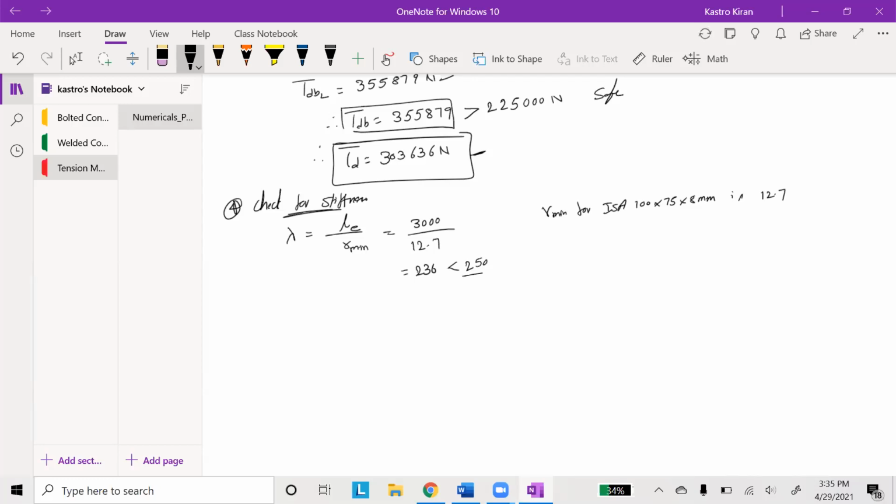This is the condition, right? Lambda value must be less than 250. Therefore, the angle section is safe. That's how you can design the single angle section in tension members, right? We'll see the other problem in the next class.